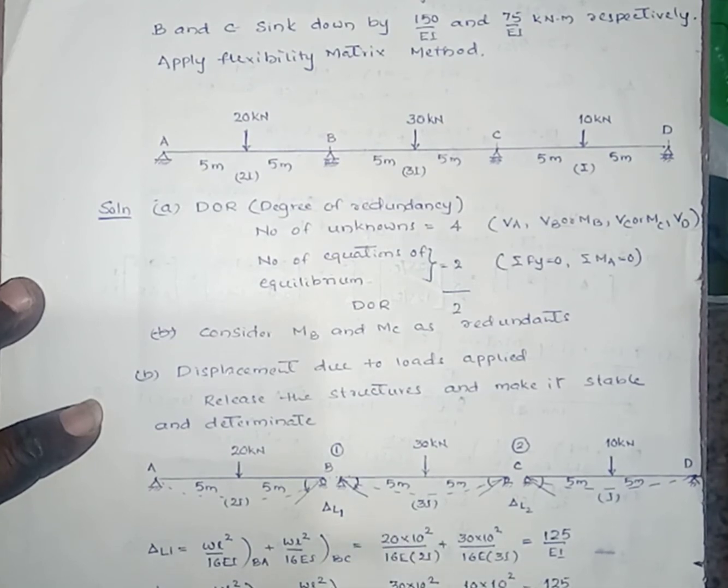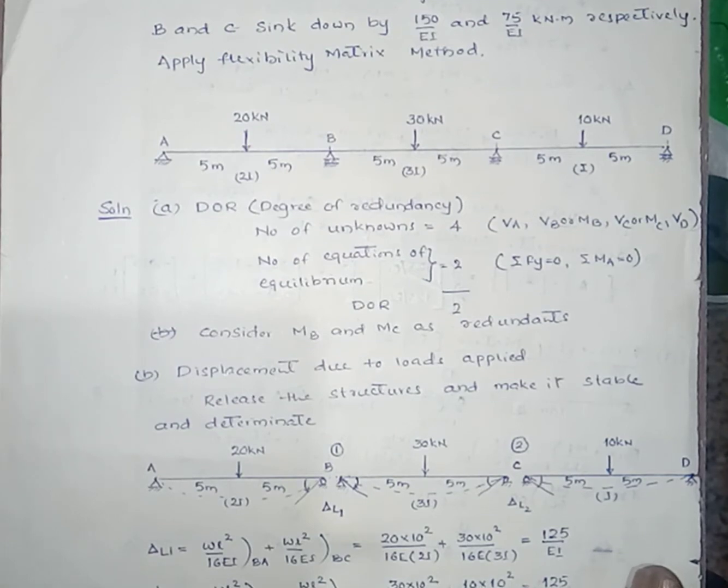Then delta L1 equals WL square divided by 16EI for span BA plus WL square divided by 16EI for span BC.